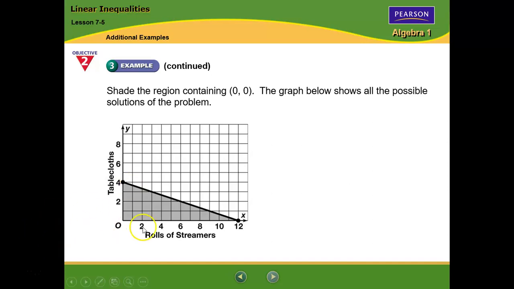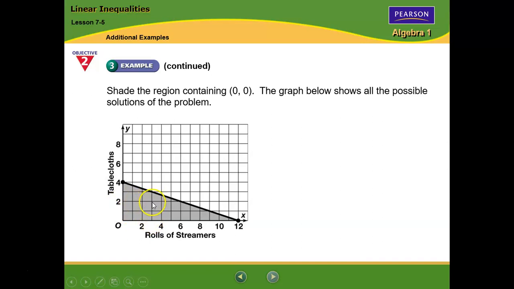Let's look at some other combinations. We could say that we wanted 2 rolls of streamers and 1 tablecloth, or 2 rolls of streamers and 2 tablecloths, or 2 rolls of streamers and 3 tablecloths. But we would not be able to say 2 rolls of streamers and 4 tablecloths because, again, it would not be in the shaded region. We could come over here and say 3 rolls of streamers and 1 tablecloth, 3 rolls of streamers and 2 tablecloths.